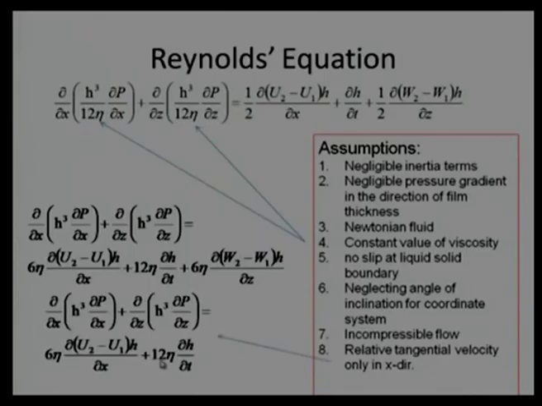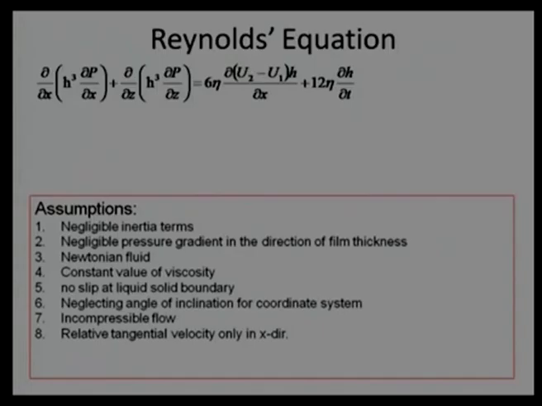In that situation, this equation is simplified, one term has been eliminated, that gives a simplified expression, the pressure term on the left hand side, and this term expresses the wedge action plus stretching action, and this is the squeeze action. Now, we have 3 source terms over here. One is the squeeze action term, one is the wedge action in the x direction, and the stretching action in the x direction.